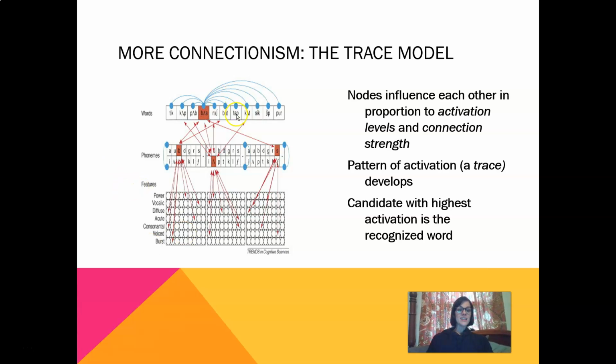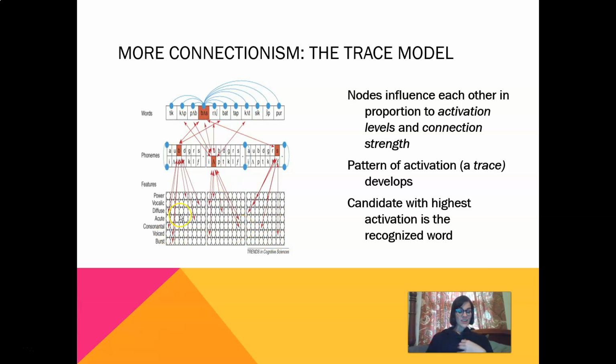So the idea is that this is a parallel processing model, and these nodes are going to influence each other in proportion to their activation levels as well as their connection strength. So if I hear this kind of word, it is going to send activation out to certain aspects. So this is bass, so it goes to B, goes to A, it goes to S, and it's going to send information out to those features.